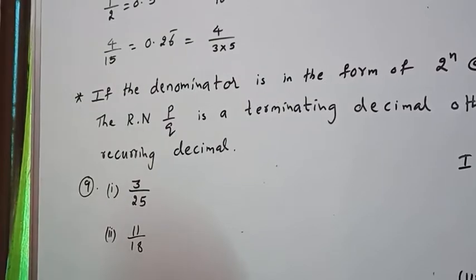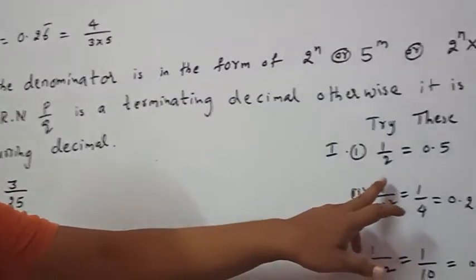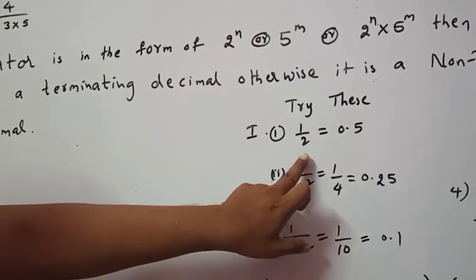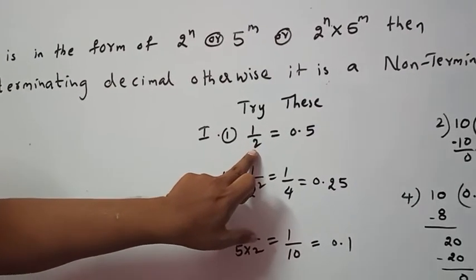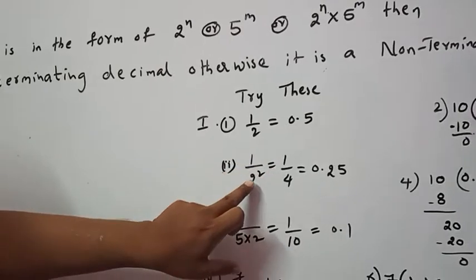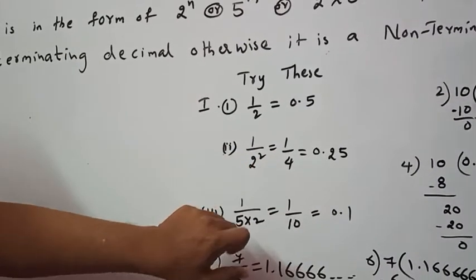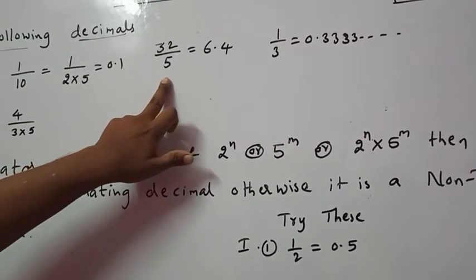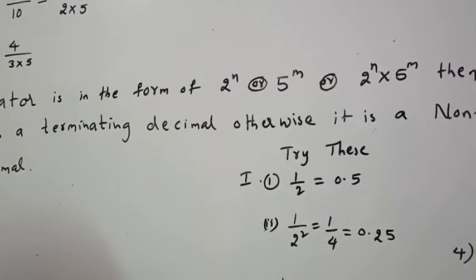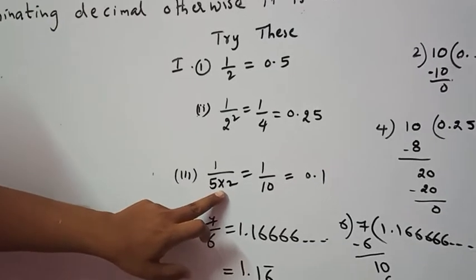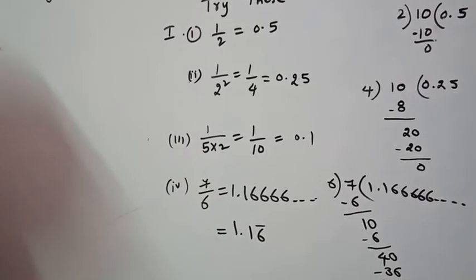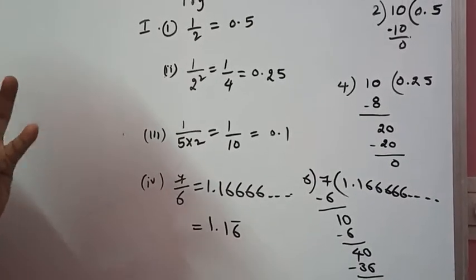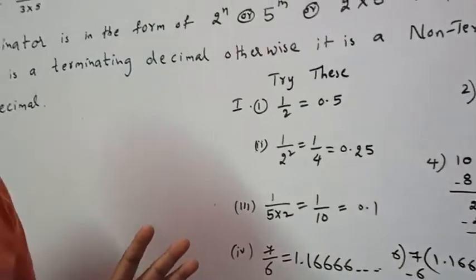Now, if you observe all the denominators of these rational numbers, only if the denominator contains the factors only 2 and 5, or powers of 2 and 5.